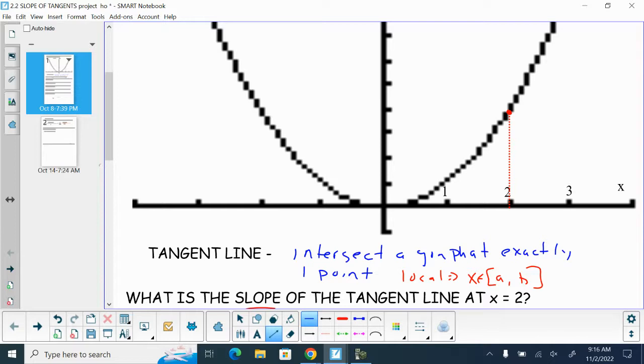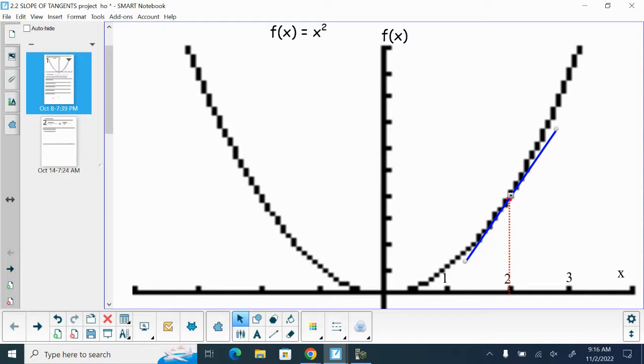This is a lot easier for you to draw in because you can move your straight edge wherever you want to. It's a little bit more difficult for me to do it. We want to determine the equation of this tangent line.